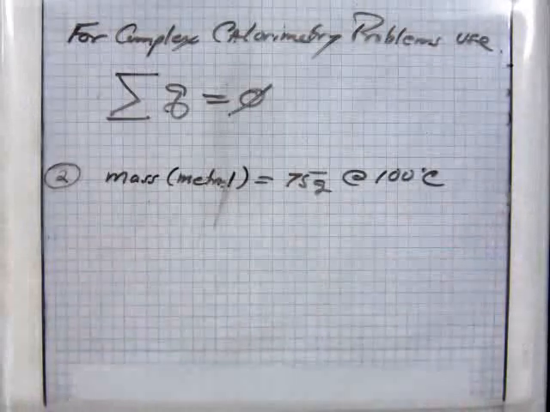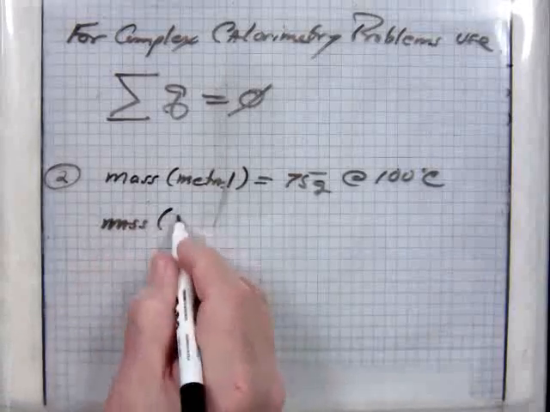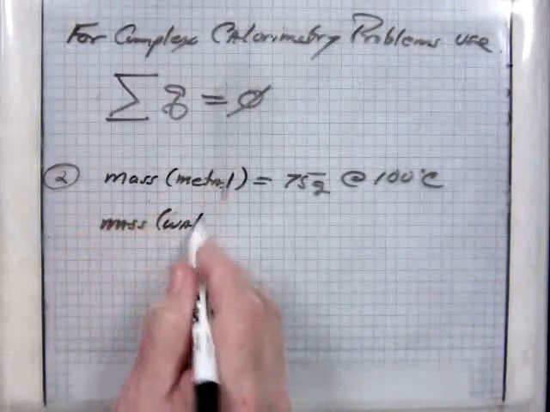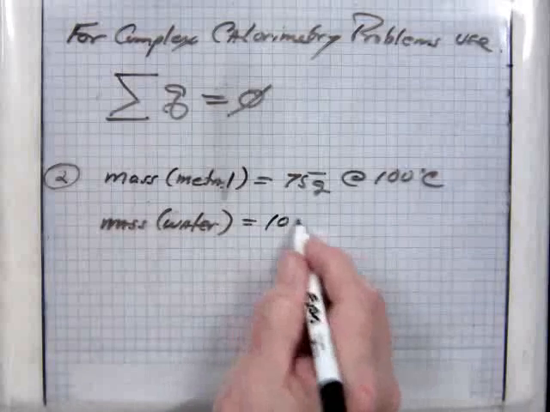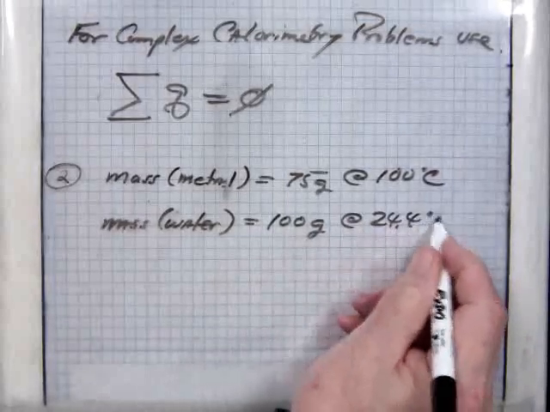A calorimeter contains 100 grams of water at 24.4. So the mass of water in the calorimeter is 100 grams at 24.4 degrees C.